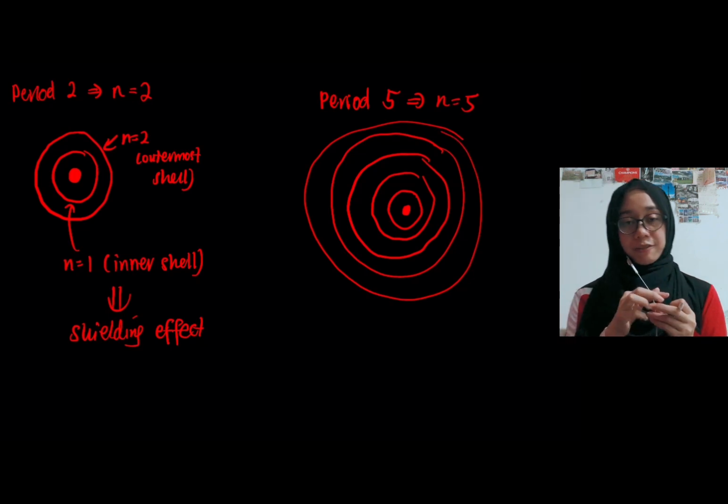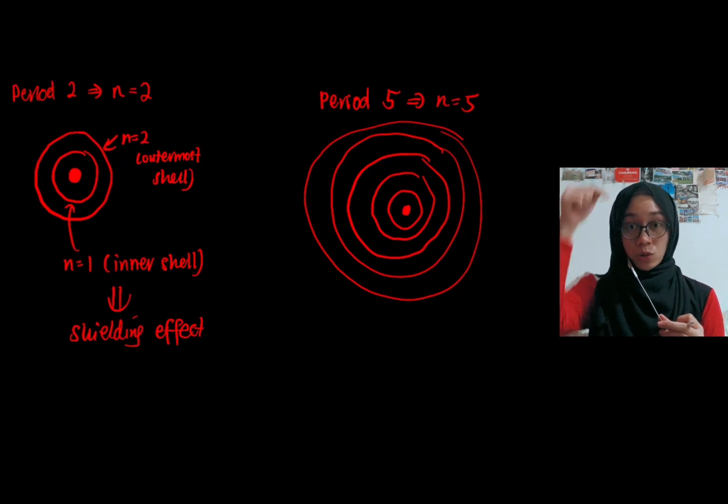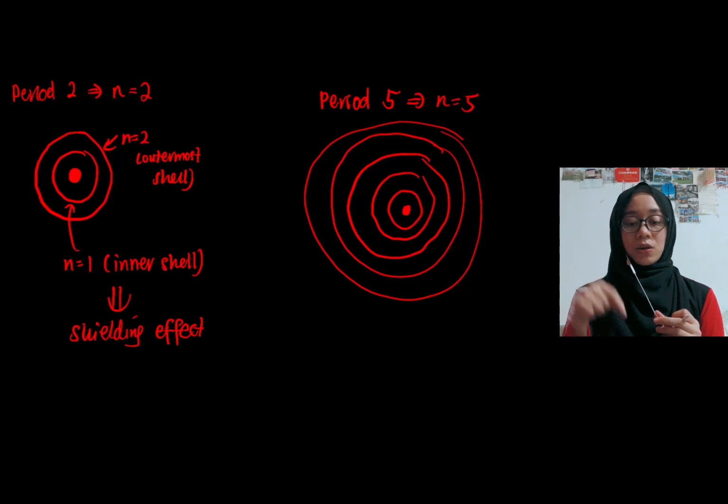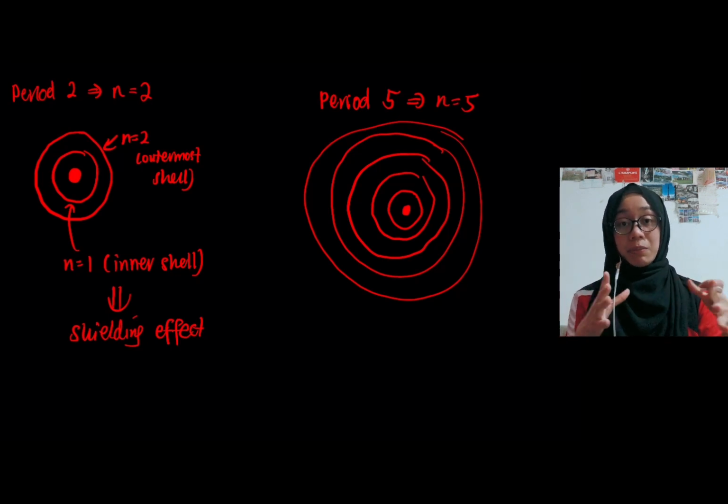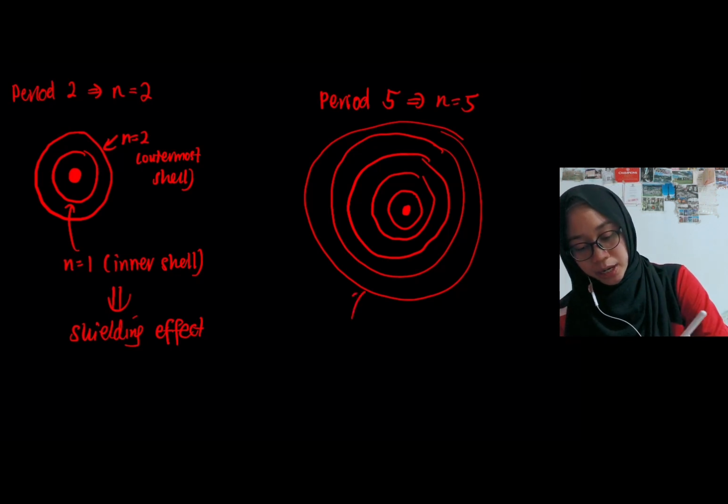I think it's quite obvious from the drawings here. You can see that as the value of the principal quantum number increases, maksud going down the group, kita akan nampak yang size makin besar kan, sebab shell makin banyak, shell makin bertambah. Okay, jadi the one yang dekat luar ni, n equals to 5 adalah outermost shell.